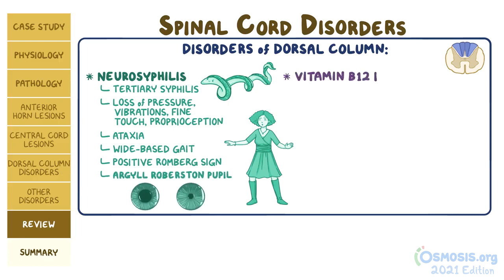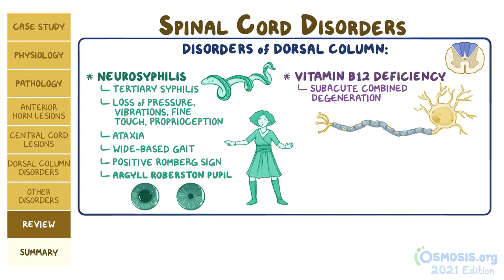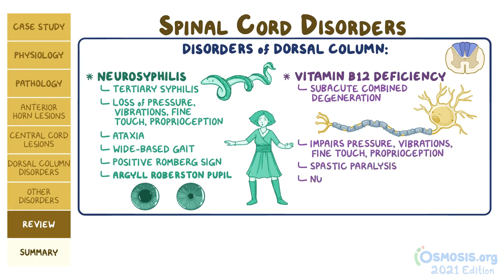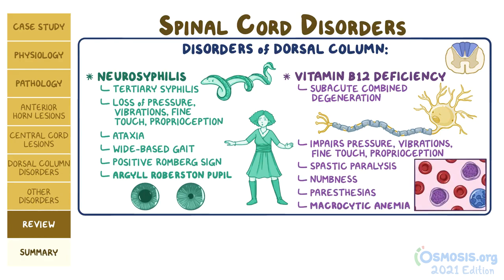Next, we have vitamin B12 deficiency, which can cause subacute combined degeneration. This presents as impaired sensation of pressure, vibrations, fine touch, and proprioception, spastic paralysis, numbness, or paresthesias. Remember to look for macrocytic anemia in these individuals.